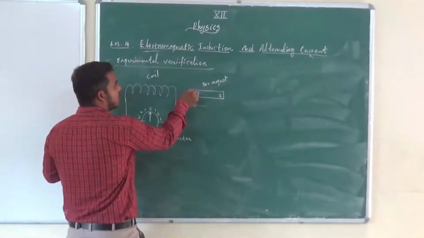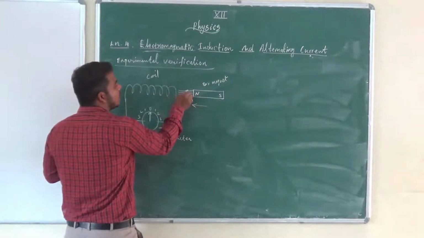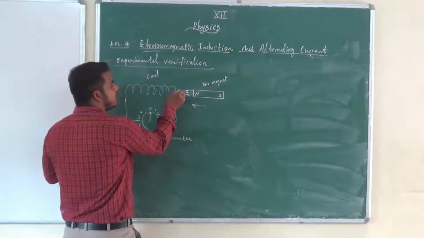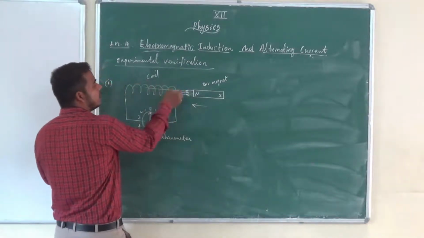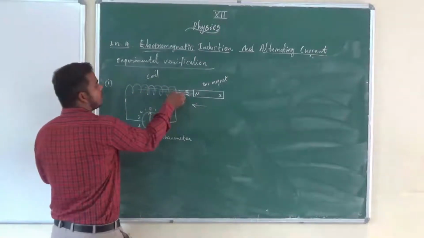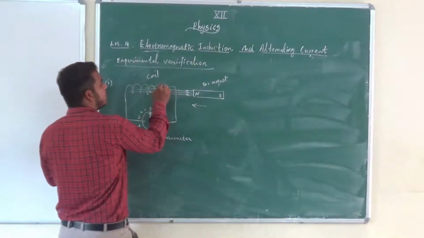See that? These are the magnetic lines. When the magnetic lines enter or cross the coil, that indicates magnetic flux, isn't it?